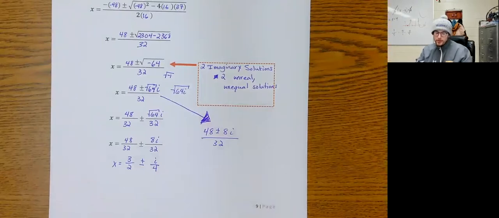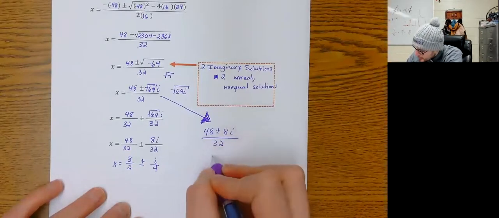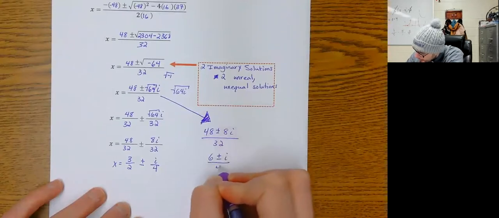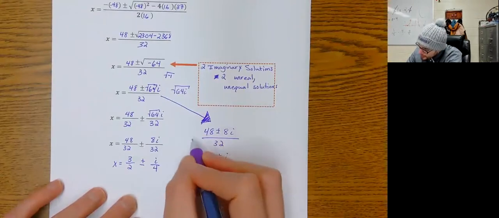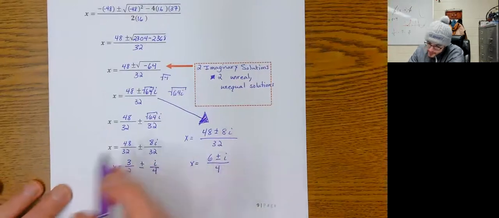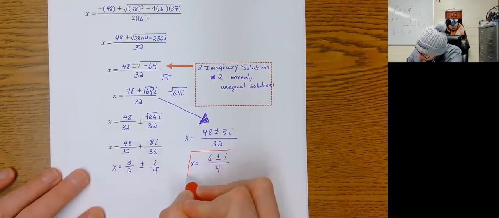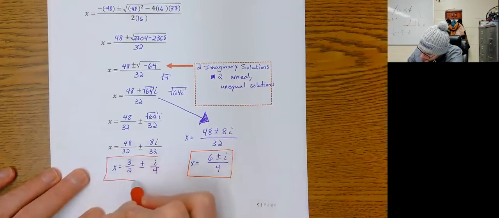Well, 8 also goes into 48 6 times. So we can divide an 8 out of everything, and we get 6 plus or minus i over 4. So both of these I would say are acceptable answers in my opinion.